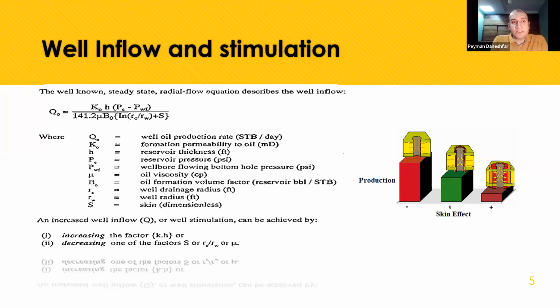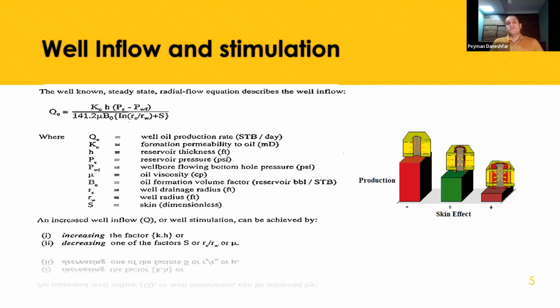Whenever you see this formula, you can see everything that production depends on: the permeability, thickness, radius of the well, radius of penetration, skin factor, and viscosity. In hydraulic fracturing, what we want is just to increase the wellbore radius or effective well radius.